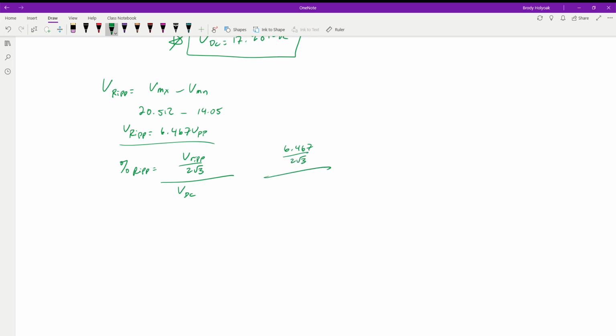That's going to convert that to RMS, so we're comparing everything the same. And then we have 17.281. And don't forget to multiply it by 100 to put it in percent form. So our percent ripple comes out to be 10.804%.